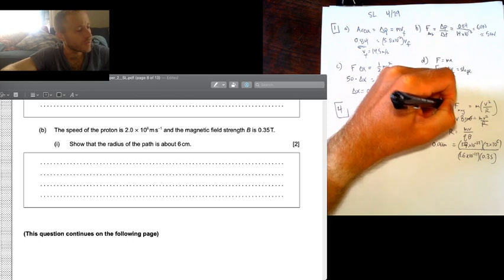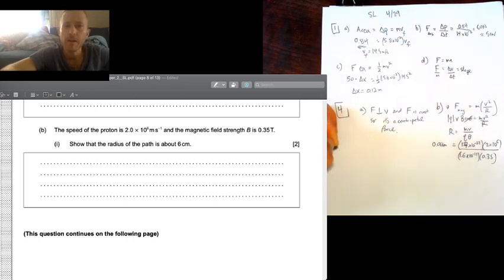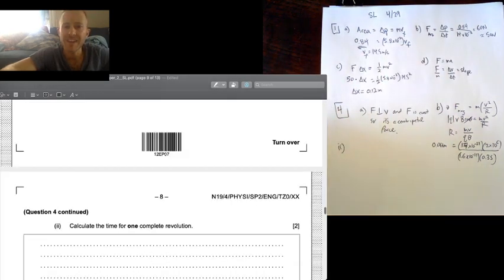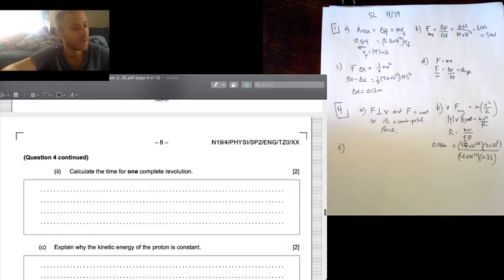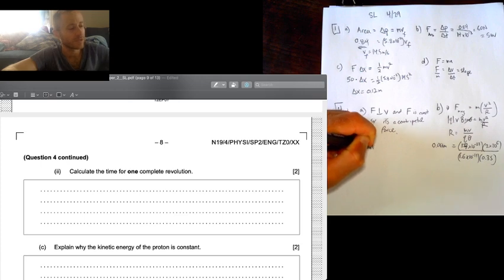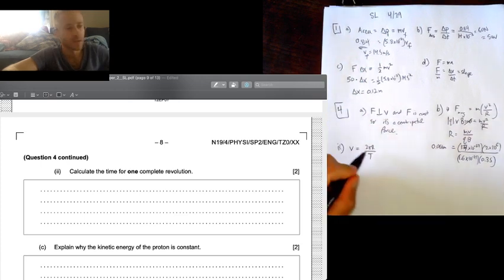So now let's go to part II. Calculate the time for one complete revolution. We know that the velocity, if you're in a circle, is 2 pi r over the period. So that's distance divided by time.